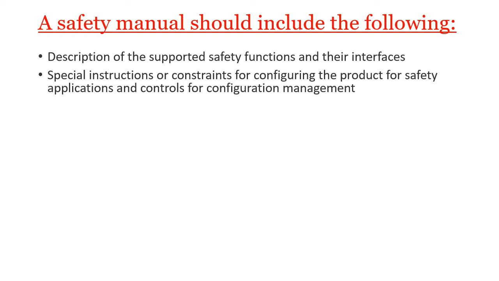There is some configuration that needs to be done in that product. If you do not do that configuration or do not follow the special instruction mandated by the manufacturer, your equipment may or may not provide you the requirement of the safety system.